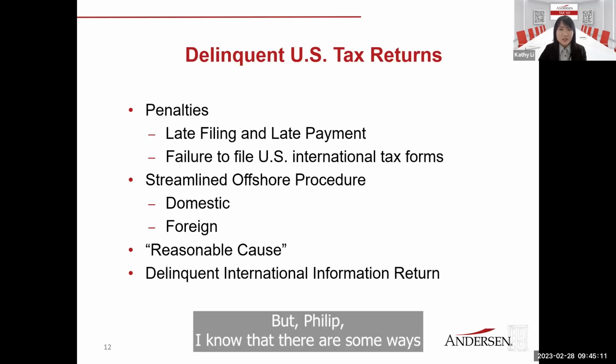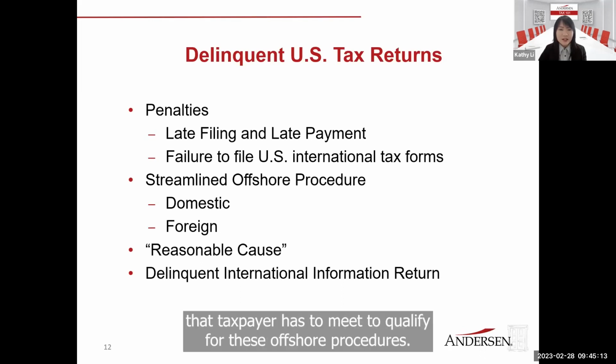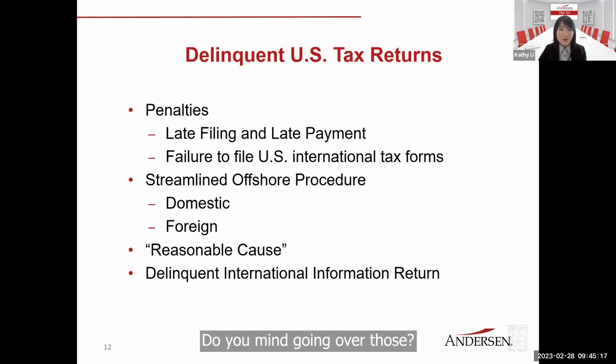But Philip, I know that there are some requirements a taxpayer has to meet to qualify for these offshore procedures. Do you mind going over those? Yeah, for sure, Kathy.